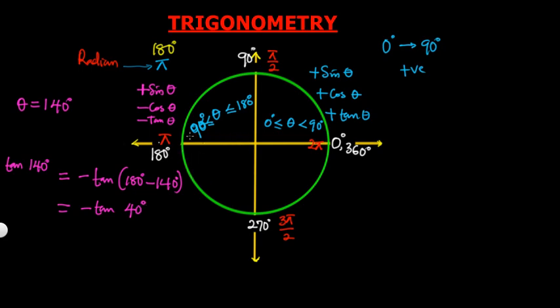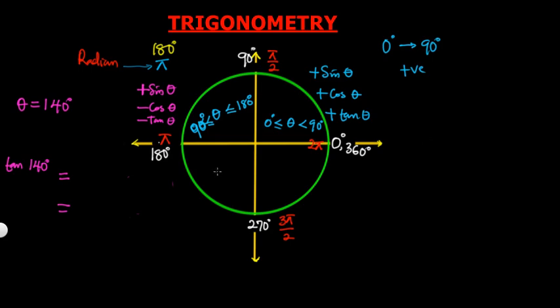At the third quadrant, only the tan is positive. All others are negative at the third quadrant.